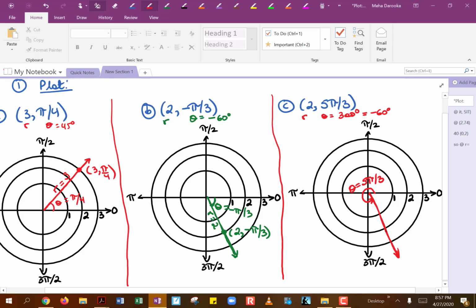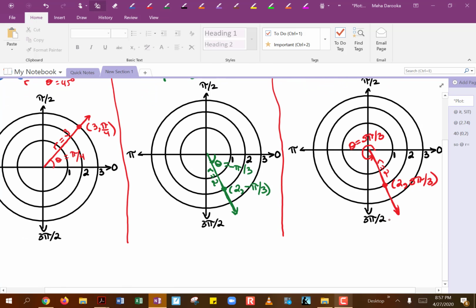And then r is a distance of 2, so again, at the second concentric circle, this will be 2 comma 5 pi over 3. And this directed distance is going to be r equals 2.